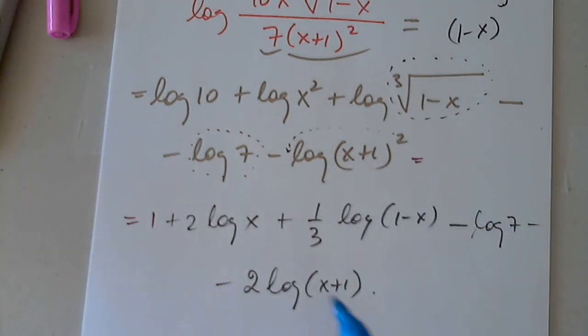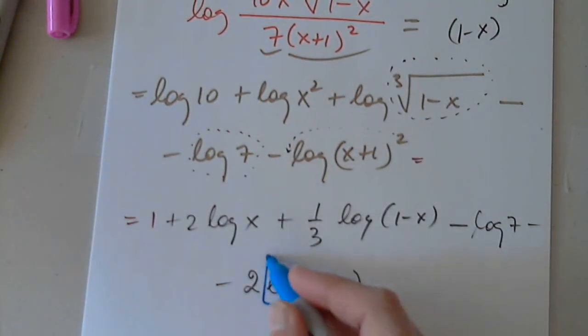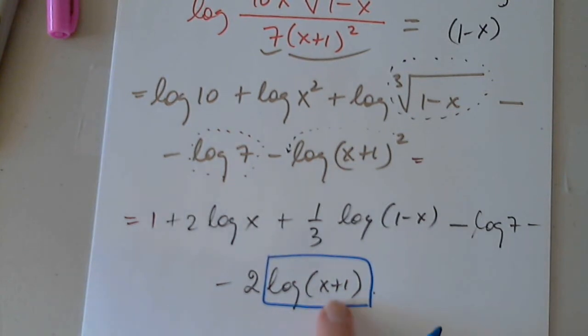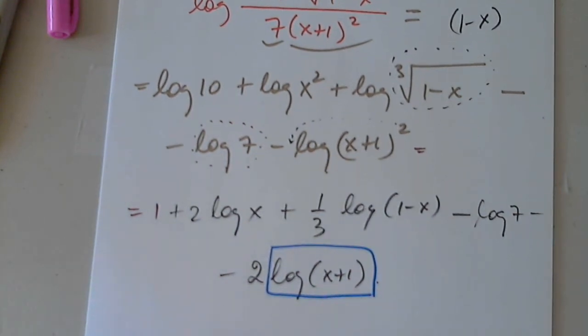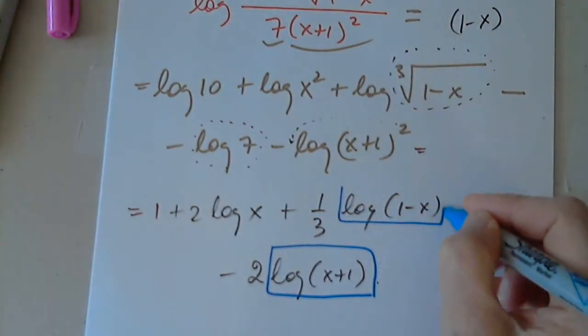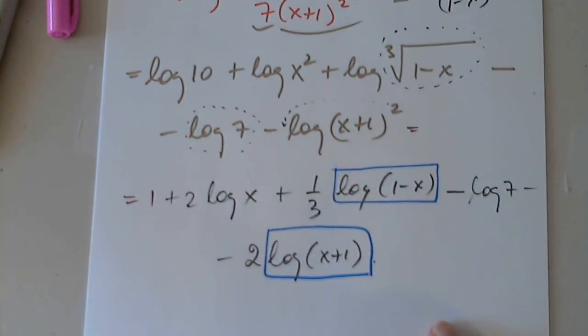It's tempting. Do not attempt to do anything to this. There is no property for log applied to a sum. This is carved in stone. It stays like that forever. The same thing here. Carved in stone. We only have product, quotient, and power. We don't have log applied to a difference. Done. That's it. We don't have log applied to a sum.